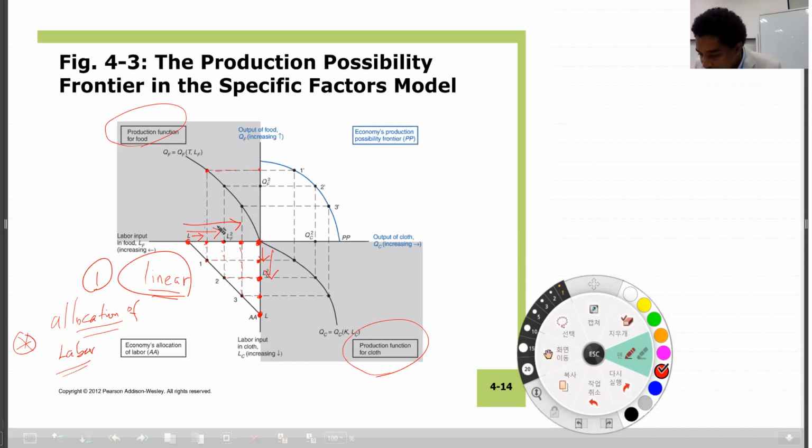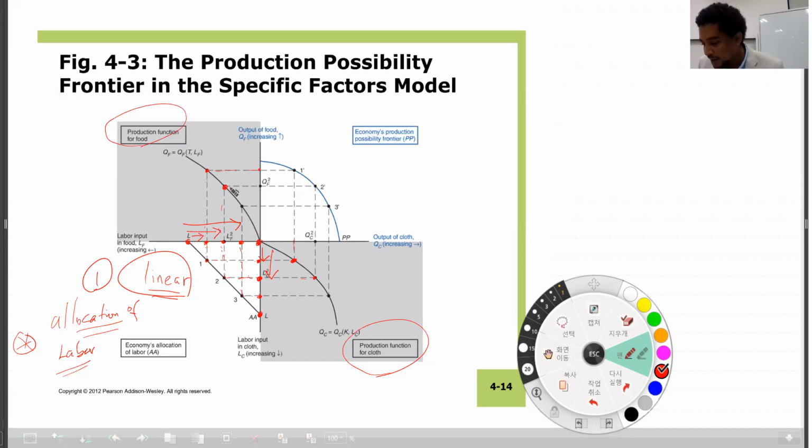And again, at this point, we have this much clothes, and it is this much production possibility for clothes. So this is the production function for clothes, and this is the production function for food. When you further decrease the labor to here, point 2, then this is the labor, this is the production capacity for clothes, and this is the production capacity for food.